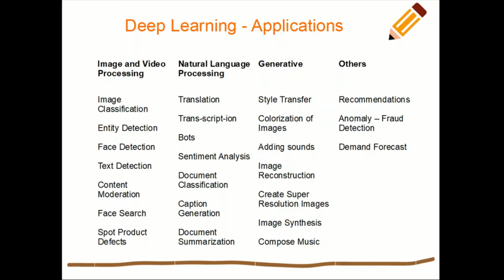So as you can see very clearly, deep learning covers a wide variety of application areas, and this is not the complete list. The list is growing every day. Every sort of problem domain and application can be trained using deep learning, and that's why deep learning is becoming very, very popular.